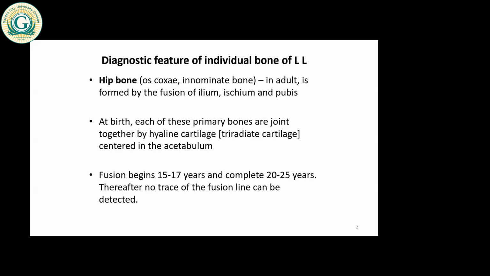Thereafter, no trace of the fusion line can be detected. So here we are talking about the pelvic bone, okay? We say that the os coxae has 3 bones, that's the ilium, ischium, and pubis. Now, when you are born, the fusion of these 3 is not completed.